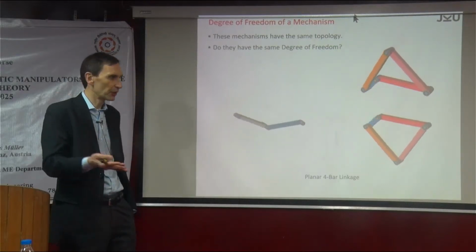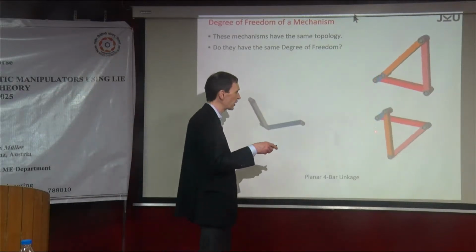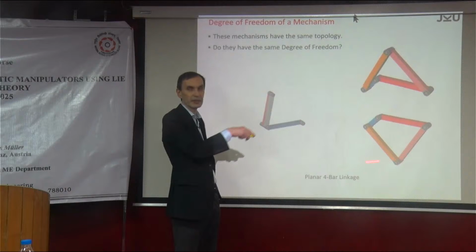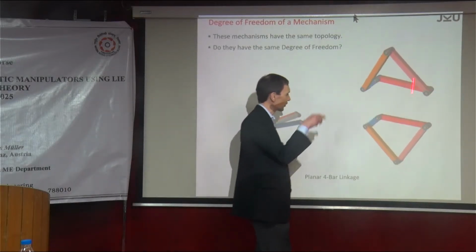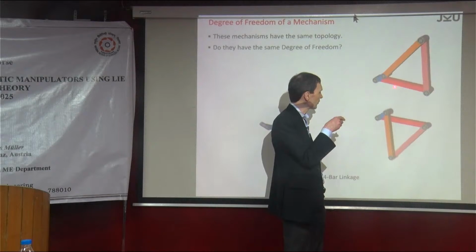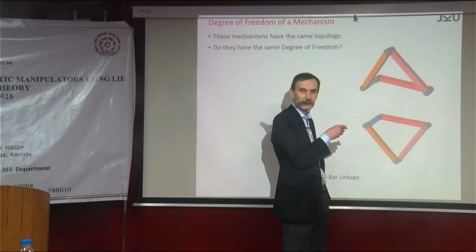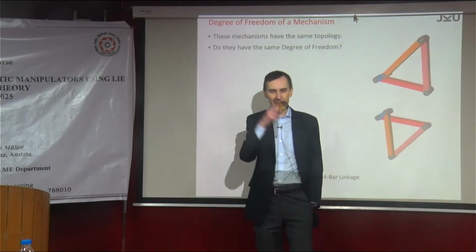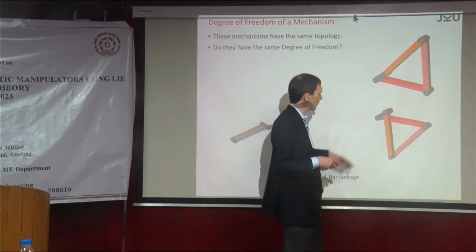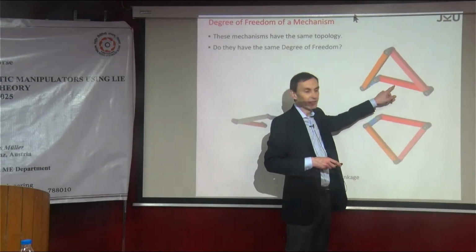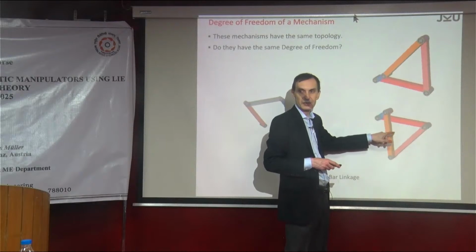It's something different. They all have the same degree of freedom, 1, but they move differently, right? And even this one is different. Essentially what you see here is the same linkage, even the same geometry. But if you disassemble that one and assemble it in the other one, you end up here.